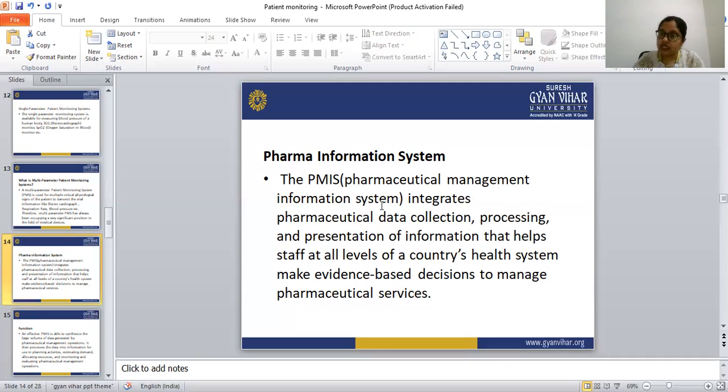And the computerized system can also check the correct dosage of the medicine according to the patient's age, weight and so on when we enter the prescription order. So this is the first point, clinical screening.